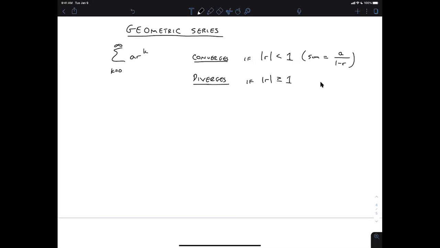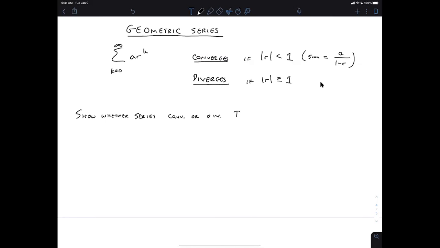Okay, I want to go through a couple examples of just the standard thing you do. So normally we don't do all that because of this result. And so the directions for these are going to be show whether the series converges or diverges. I'm going to abbreviate converges or diverges.